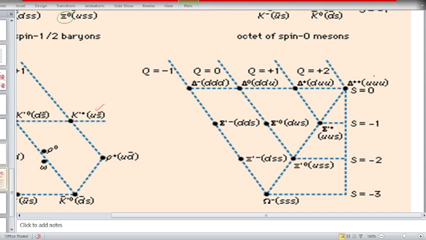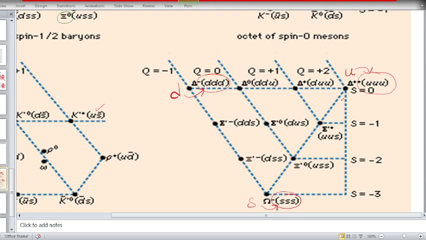You can see for the decouplet, at these corners you have triple U, triple D, and triple S. Okay, U U U, S S S, and D D D as the quark structure. Just consider U here, D here, and S here. So this side you have 3 Ds, this side you have 3 S for omega, and this side you have 3 U.